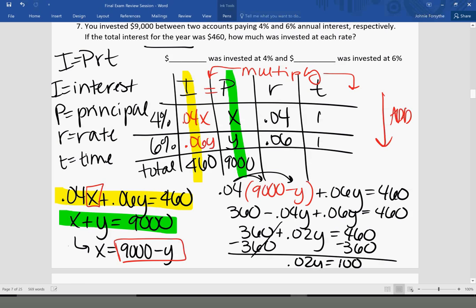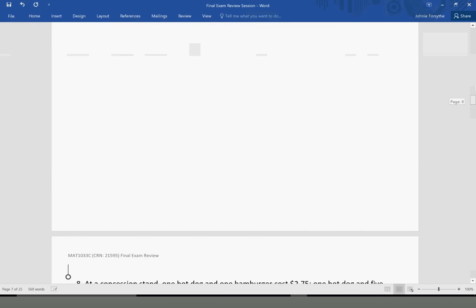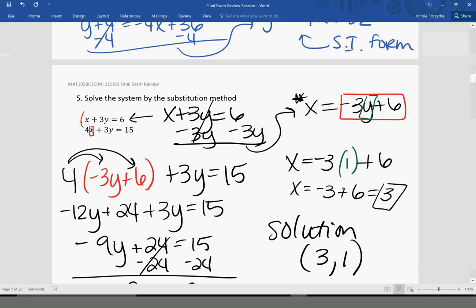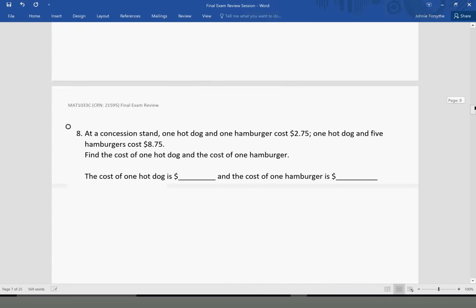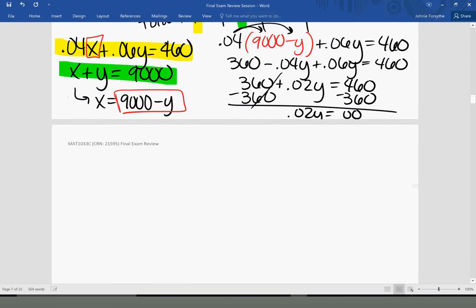100. Let me get an extra page here. Hold on, let's see. Whoa. Okay.